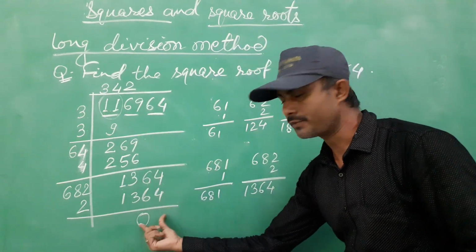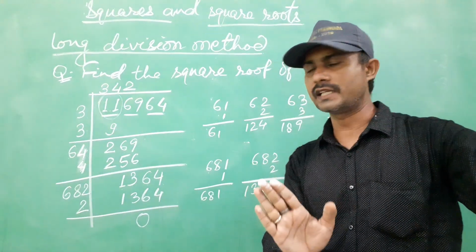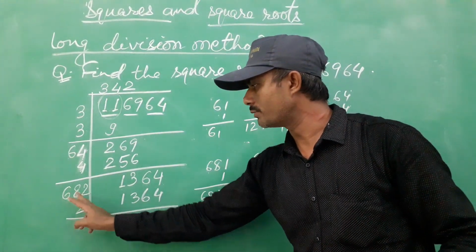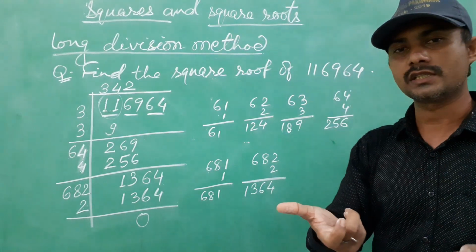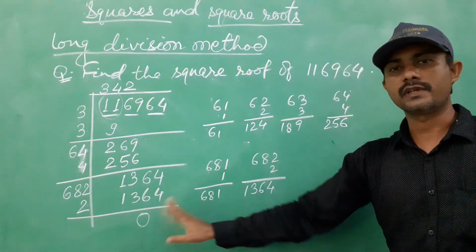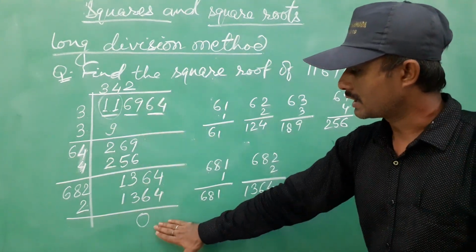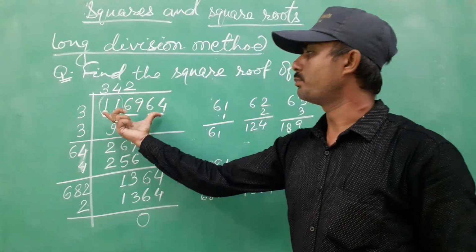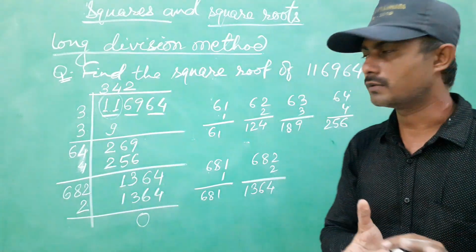If still you have some number, again you have to process in the same manner, nothing else. Add, this will be 684, and again think for the new digit to get this value. If you are getting remainder as 0, then it is a perfect square, and this is the square root of the number.